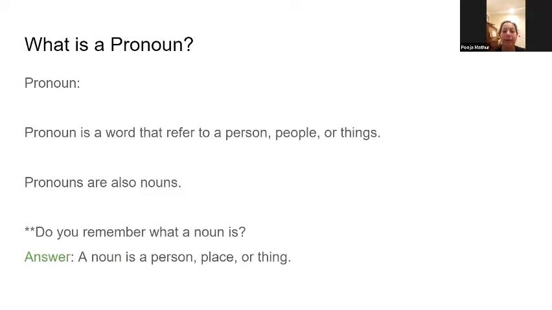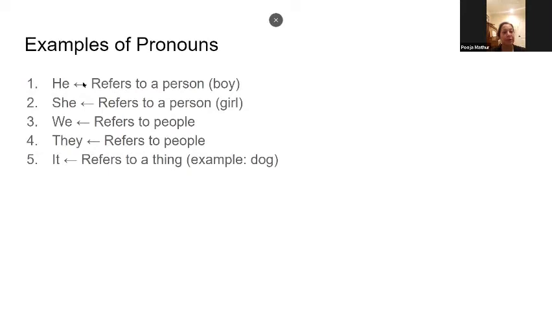For example, pronouns. Shall we do some examples, Aditya? He, she, we, they, and it. Aditya, you're welcome to take up this slide. Okay, so for the first one, we have he. And he refers to a person.